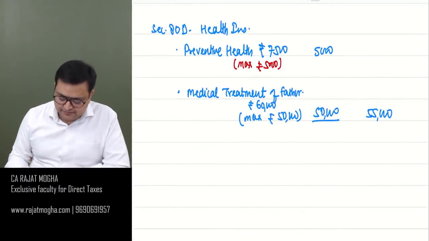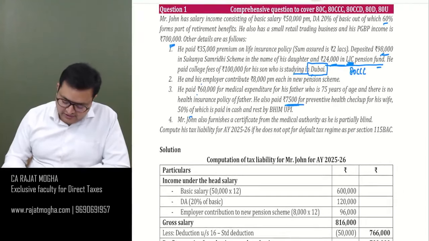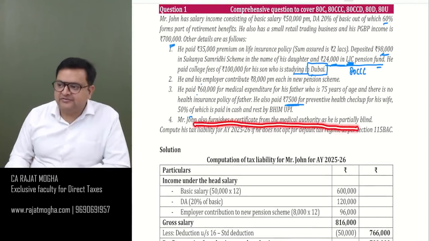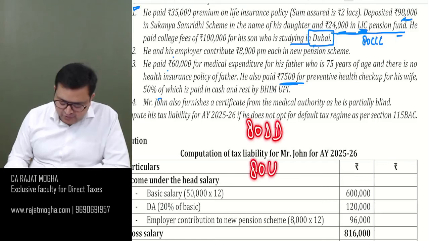Now, last one. Mr. John also furnishes a certificate from the medical authority that he is partially blind. Guys, there are two sections, 80DD, disabled dependent, and 80U.